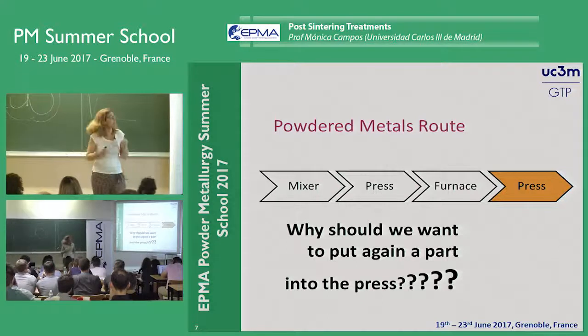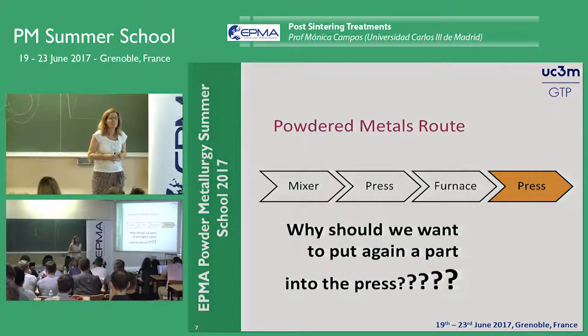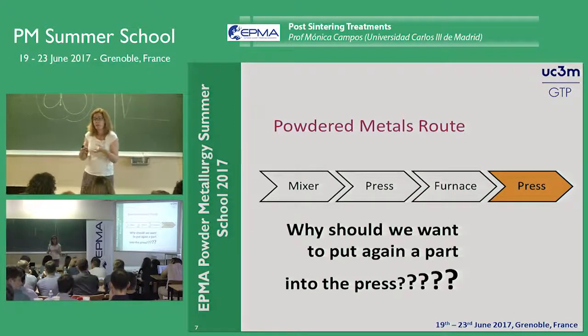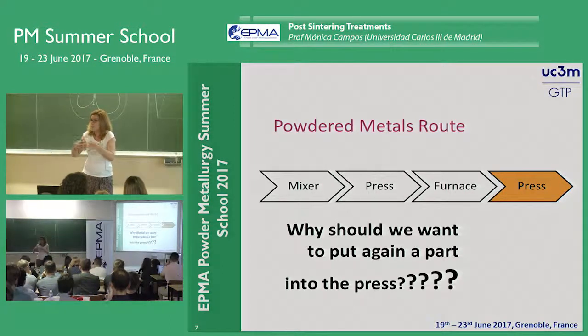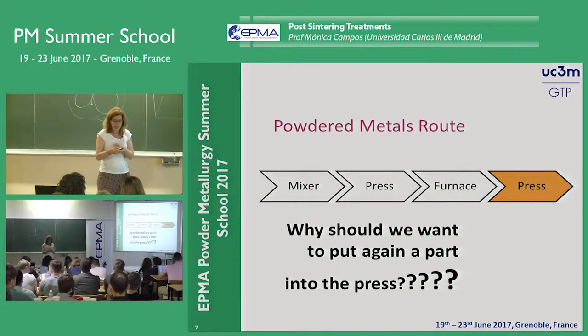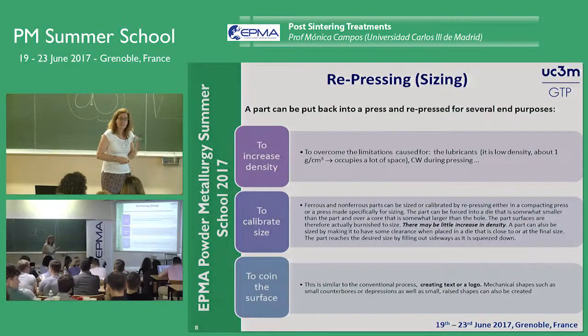Why? Why we need to put again a part into the press? Because this is a difficult step. We are going to put again a final form with a relatively high level of hardness, with a relatively high yield strength, and then press it again. What reason we have to do this?